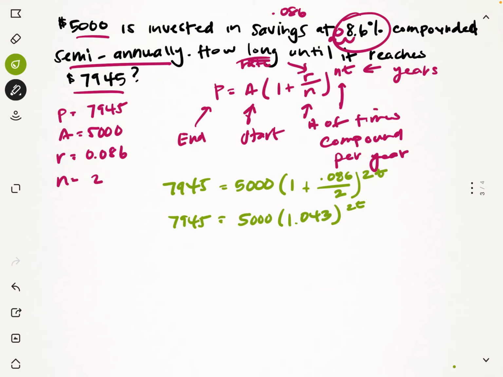Now let's start applying some algebra. So we can divide by 5,000 to get that out of there because we're trying to get to our t, right? So let's get that 5,000 out of there. So 7945 divided by 5,000 is 1.589.